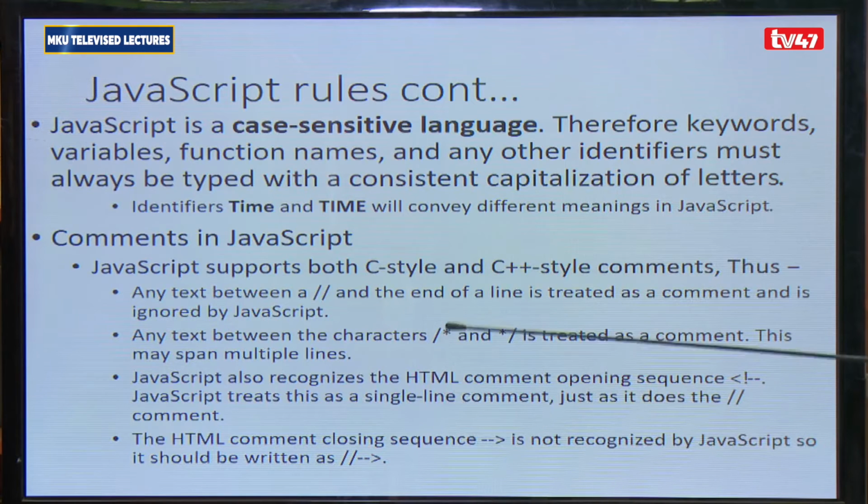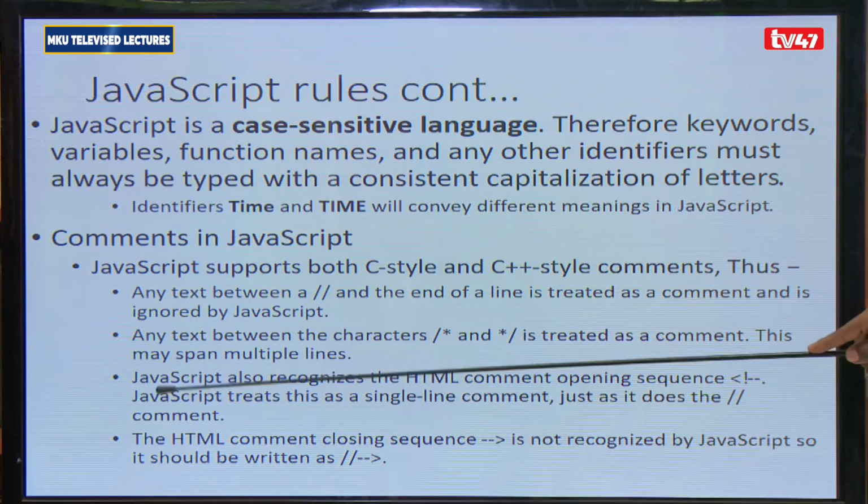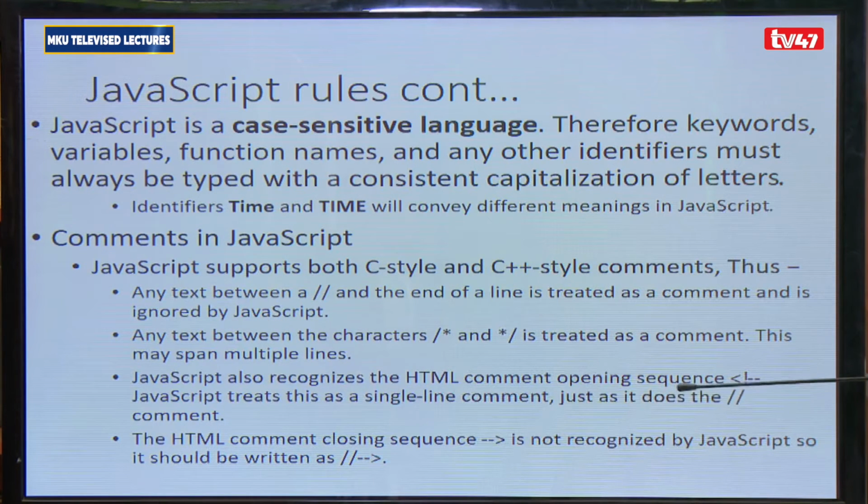So you can have your comment going from one line to another as long as you have not closed the comment. Then the third way is using the less than sign and an exclamation mark, and then also closing it with a double slash. This will be treated as a comment, and JavaScript treats this as a single line kind of comment.